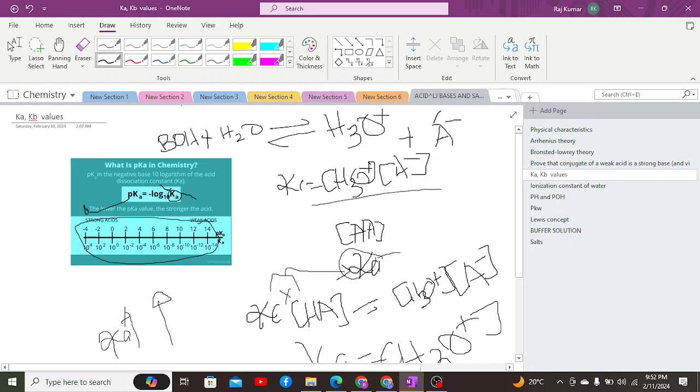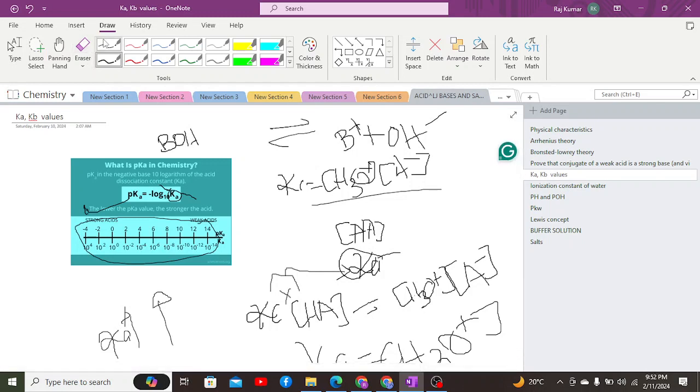As we utilize BOH, the compounds obtained in this case would be B plus, OH minus, plus H2O. Now H2O is in excess, so we are not going to write it. It's in excess, but conceptually it is present.